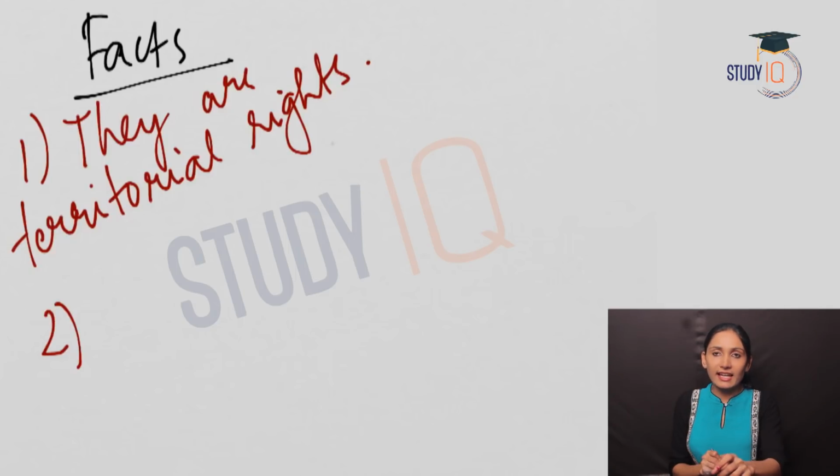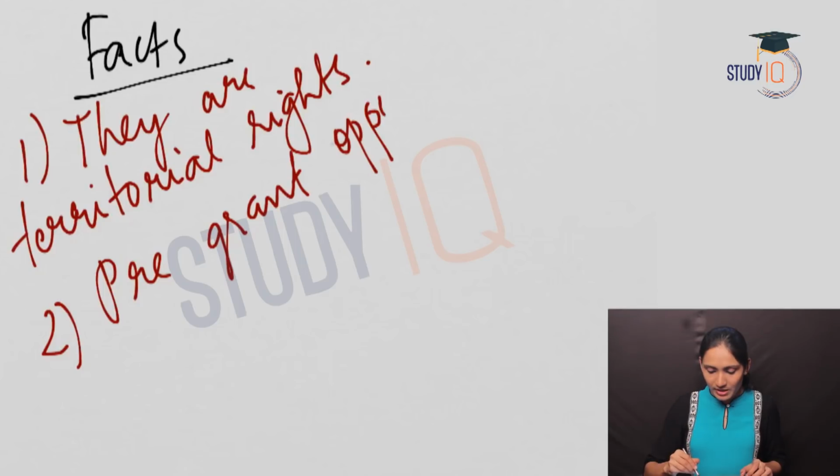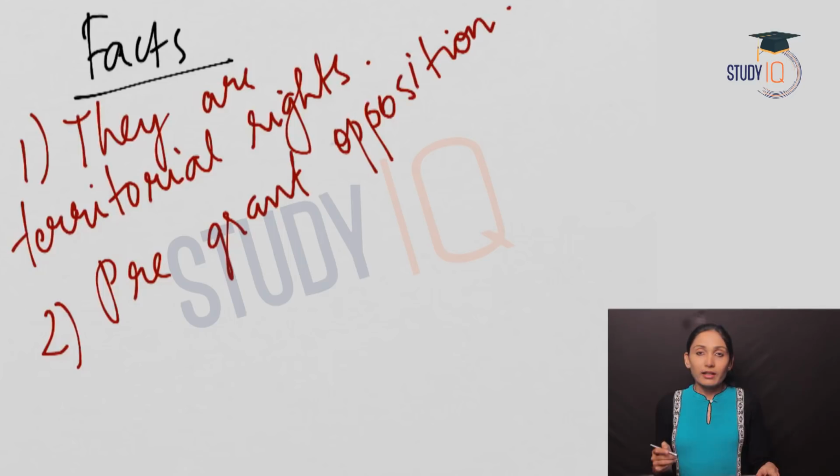The second thing is that in order to acquire a patent, pre-grant opposition is necessary. It means that the patent office has to see whether there is any opposition before the patent is granted to that patent holder.